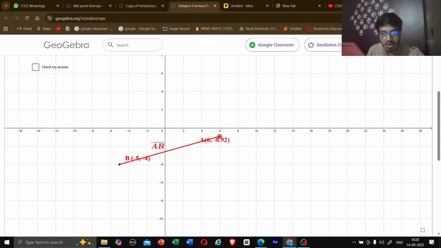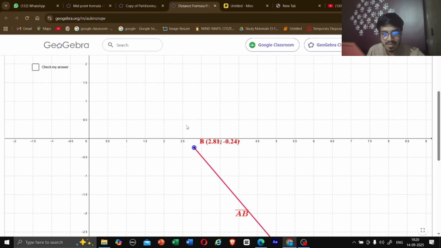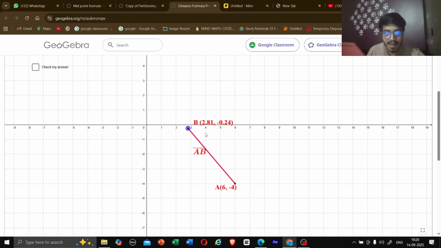So this is the minus y axis. Then coordinates of B is 3, comma 0. We'll zoom it. Yeah, 3 comma 0. So any doubts in this? If you got any doubt, please comment in the comment section. I'll reply for sure. So this is how it looks in a coordinate axis.